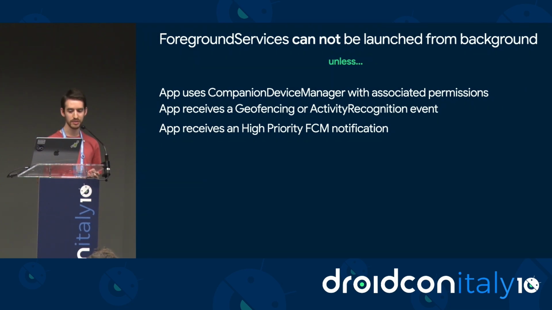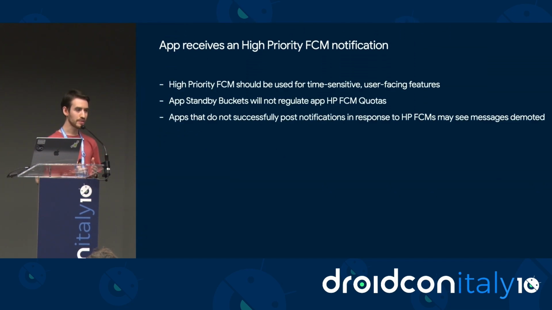And another important thing is that you can do that if you receive on Firebase Cloud Messaging a high priority notification. You basically have two types of notification, normal and high priority. High priority notifications are associated with notifications that are really shown to users. So maybe a message, maybe an important thing. If you receive that, you can schedule work in background as a response.